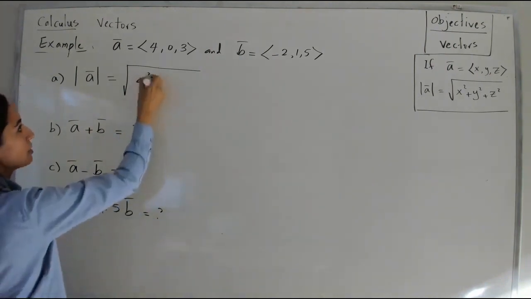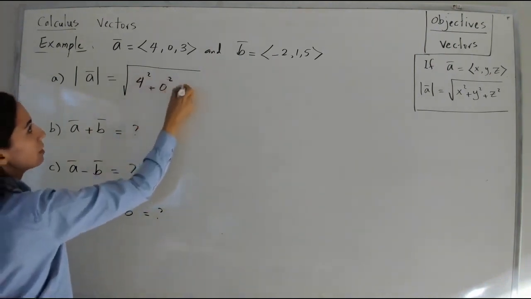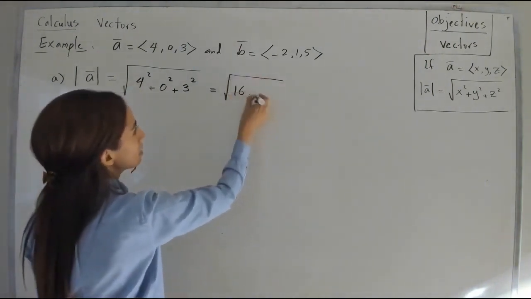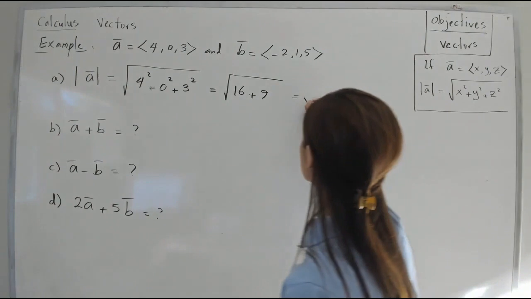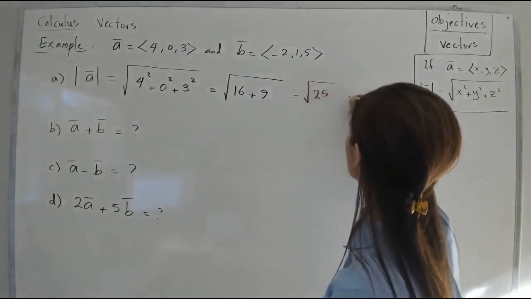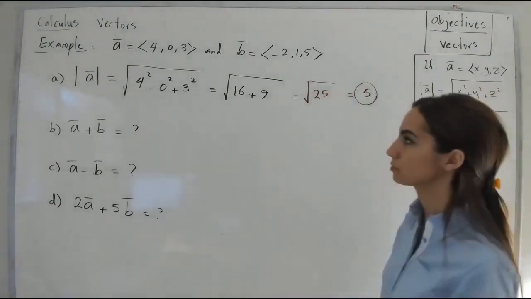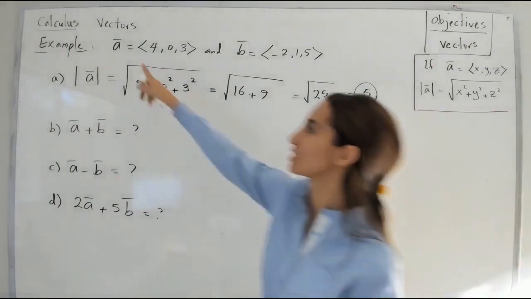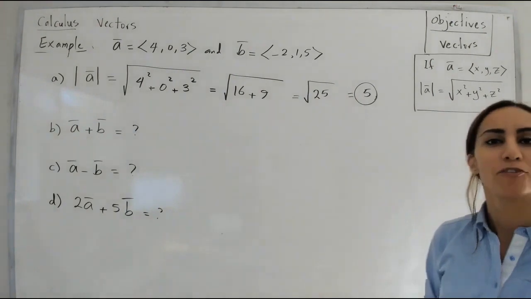We have 4 squared plus 0 squared plus 3 squared, which is equal to the square root of 16 plus 9, or the square root of 25, or 5. The length, norm, or magnitude of this vector is 5.